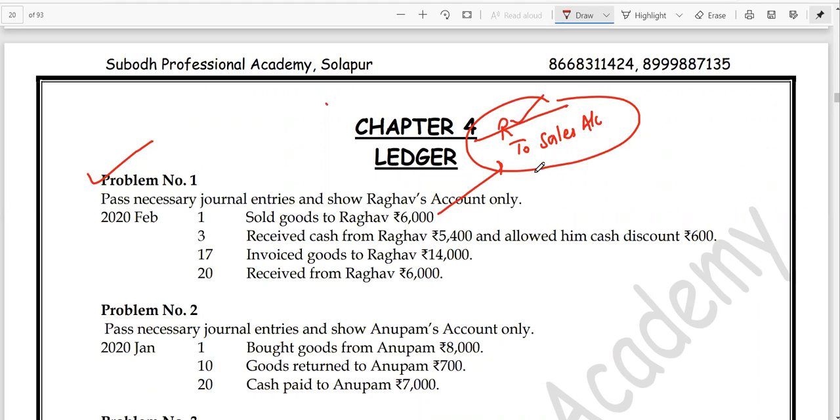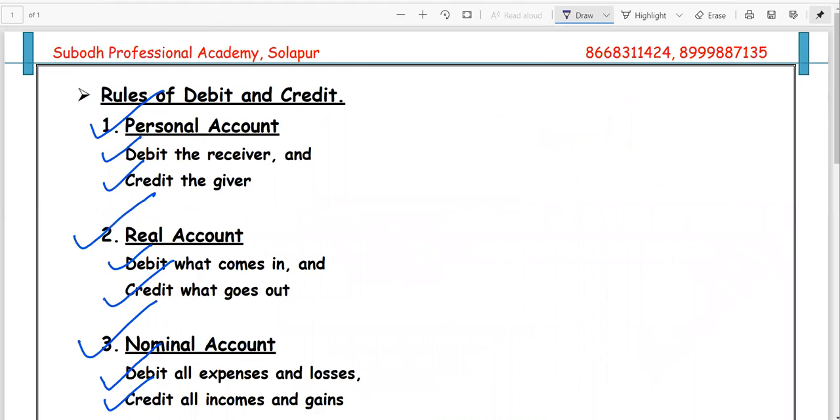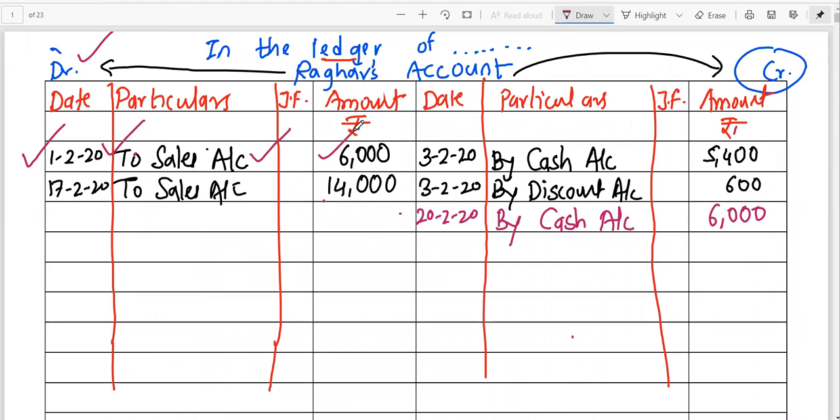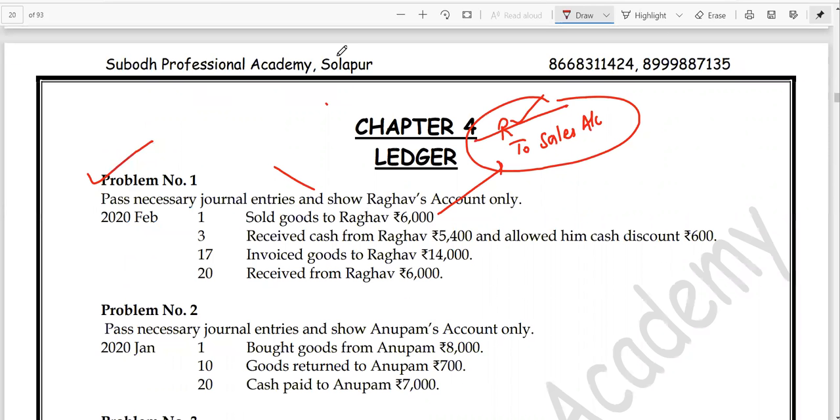If you cut down Raghav's account, we only have sales account. So write down 'To sales account' 6,000. Sir, why are you revising? Because due to the gap of 2 to 3 days, some of you might have forgotten what ledger is. So I'm revising entries and posting, and then we will move ahead.